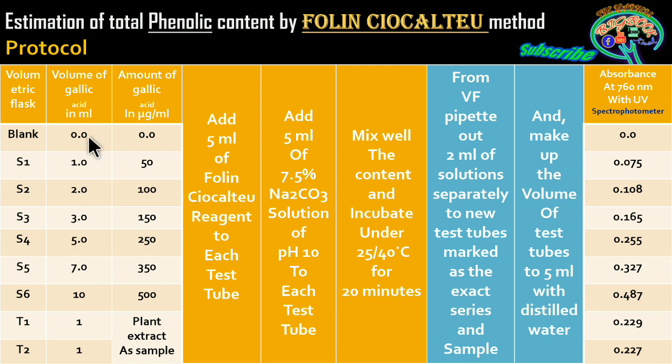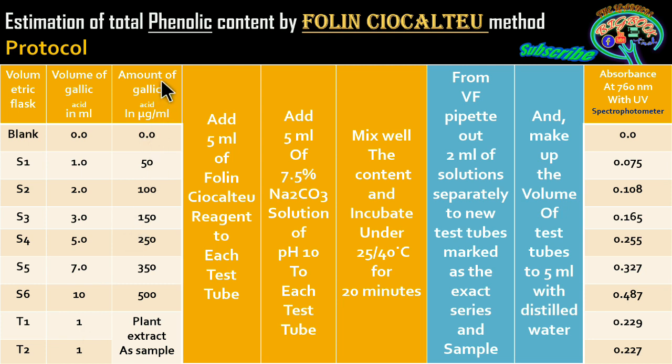Blank will get 0 ml of gallic acid, whereas the standard series will get 1, 2, 3, 5, 7, 10 ml, and the 2 samples will each get 1 ml, which are the unknown given solutions for the concentration of phenol components.